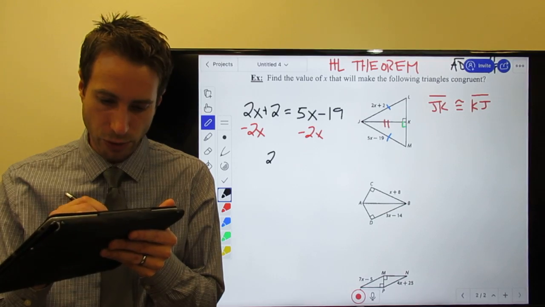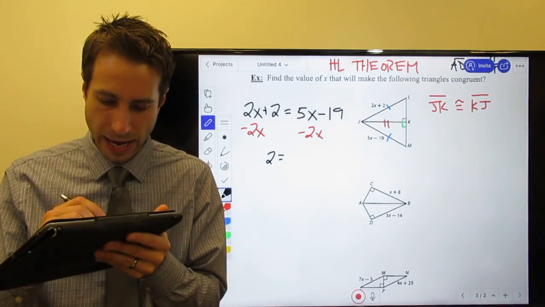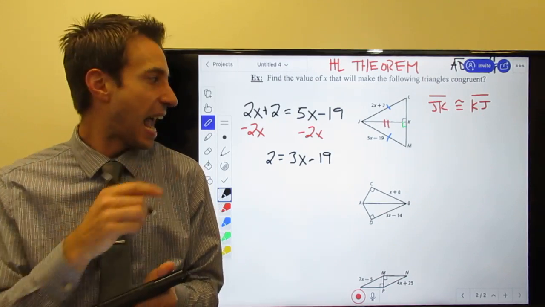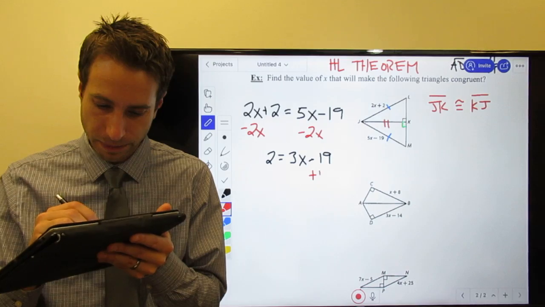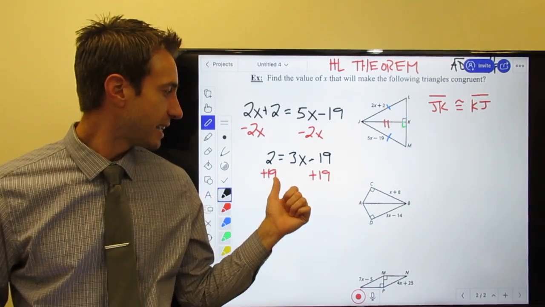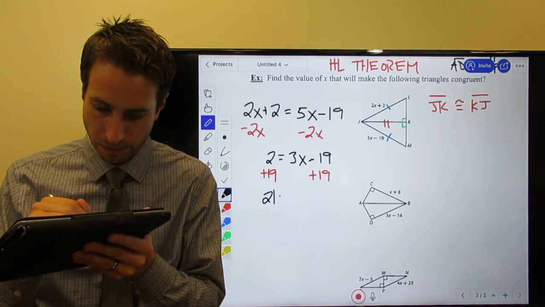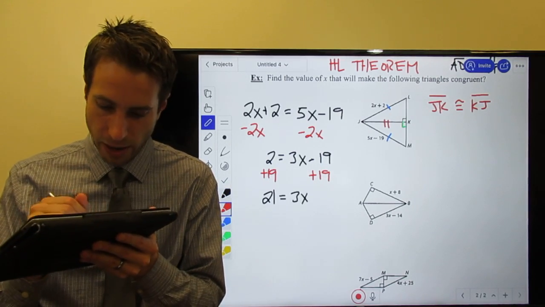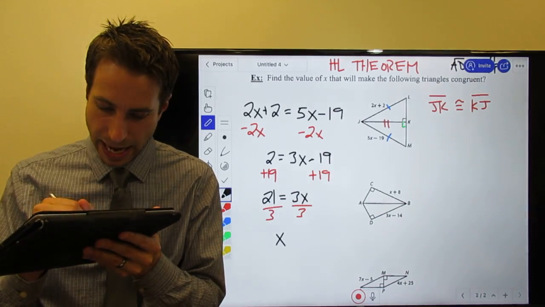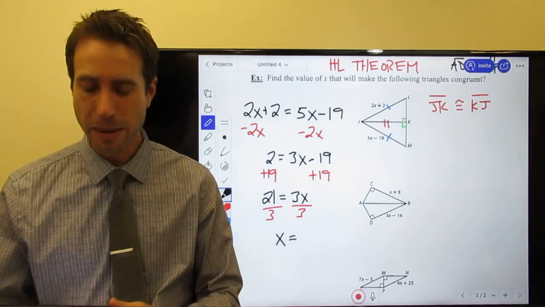Here's what I'm left with: 2 is equal to 5x minus 2x, which is 3x, minus 19. Okay, add the 19 to both sides. Fantastic. 19 plus 2, how about 21? We're almost there. To solve for x, divide both sides by 3, and we get x is equal to 21 divided by 3, which I believe is 7.